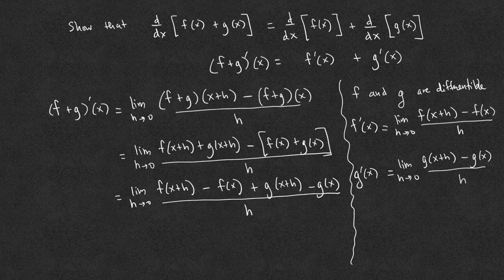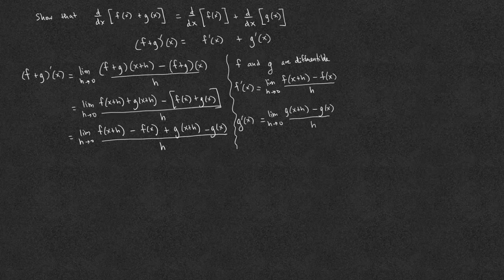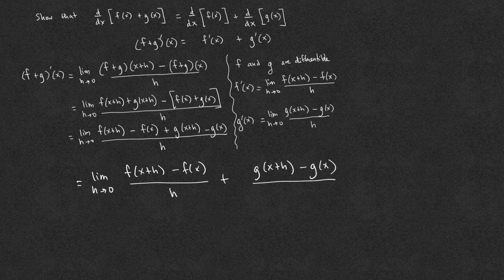The common denominator is h, and so we will split the rational expression into two: f of x plus h minus f of x over h plus g of x plus h minus g of x over h. h is the common denominator, so if we were to combine these two terms, we would end up with the previous term.